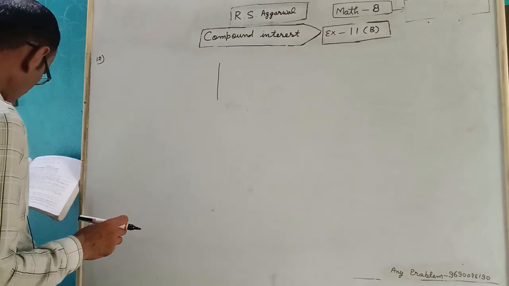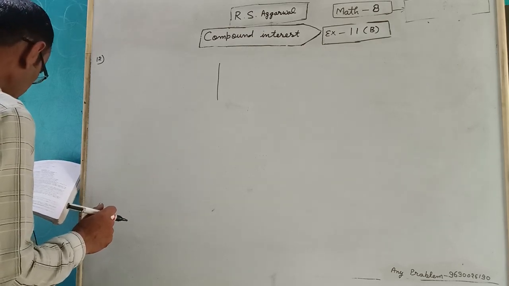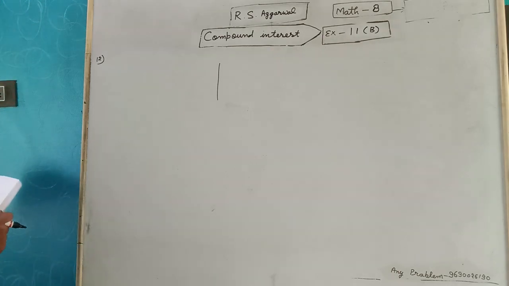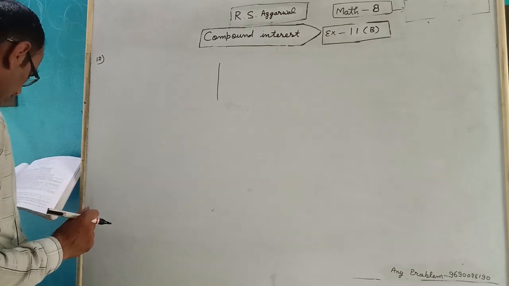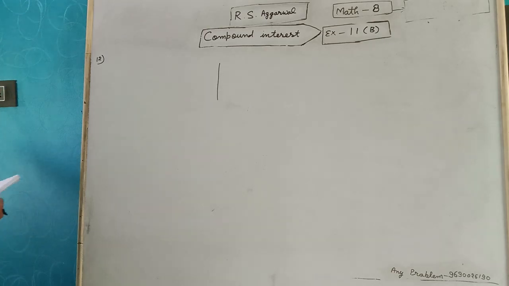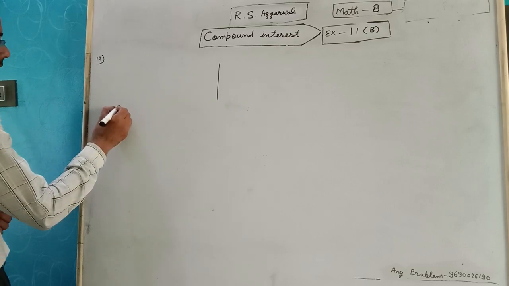Question: Sahil lent 16,000 at rate 7 whole 1 upon 2 per annum at simple interest. On the same day he lent to Gurmeet at the same rate but compounded annually. What will he gain at the end of 2 years? He asks the difference between the two interests, SI and CI.